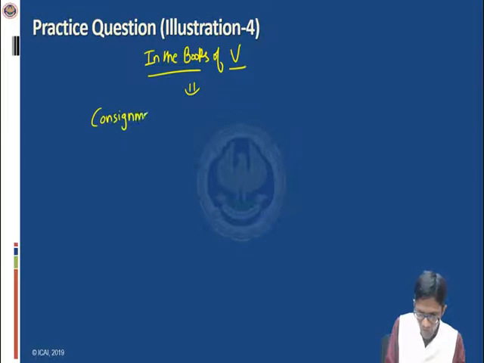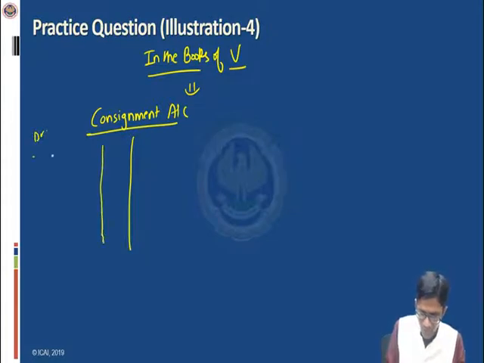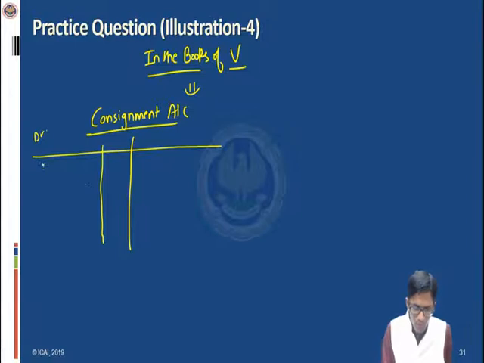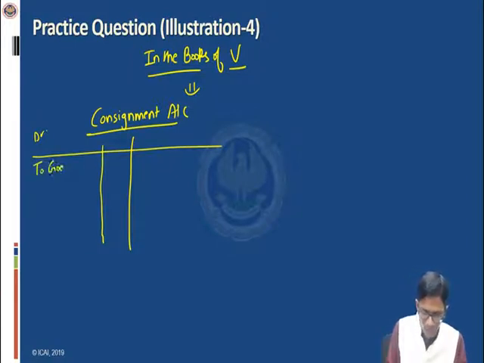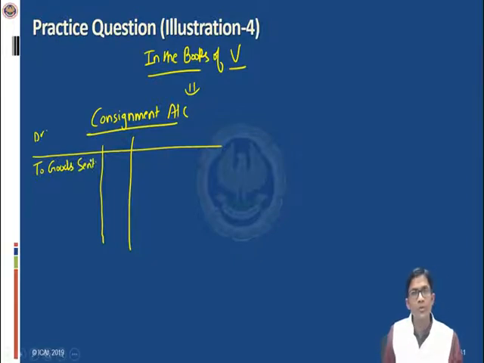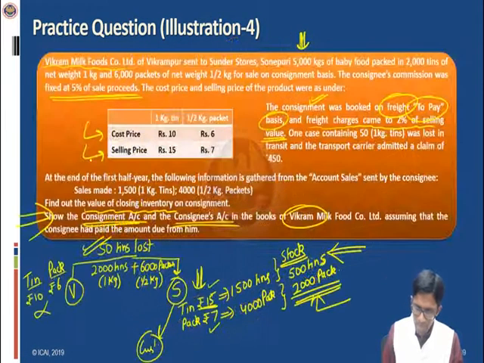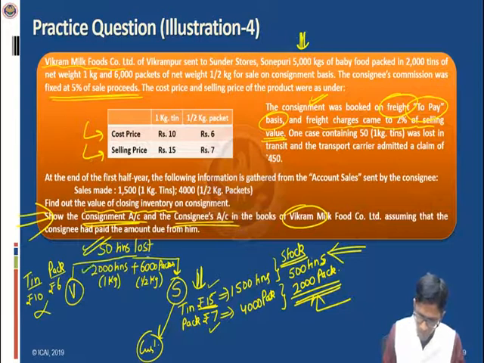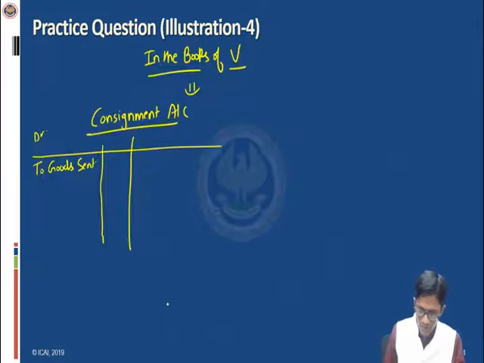Now, as we know, in the debit side of the consignment account, what all entries will come? First of all, the entry of goods sent on consignment. So what is the value of goods sent on consignment? Let us see. 2000 tins and 6000 packets were sent, and their respective cost was 10 and 6.